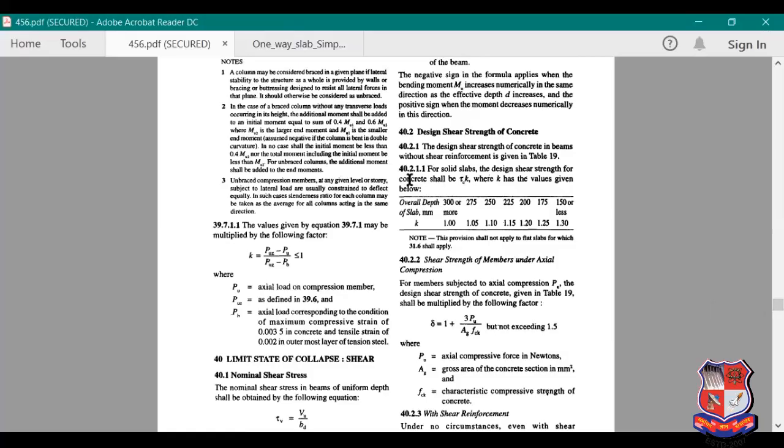Clause number 40.2.1.1. It says that for solid slabs, the design shear strength of concrete shall be k tau c, or tau dash c, in which the k value is given there. My overall depth is 175 here. If it is between 200 and 175, then you have to do interpolation, and k would be 1.5.